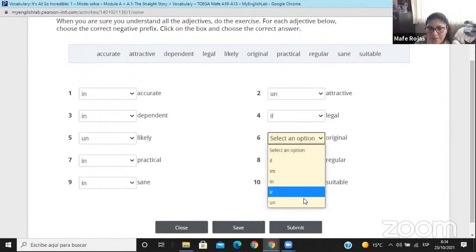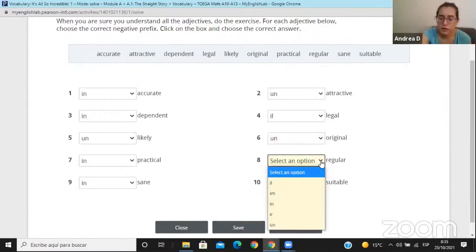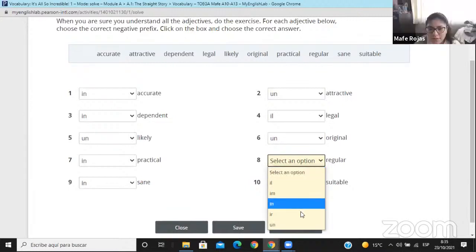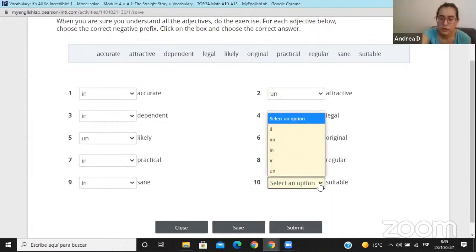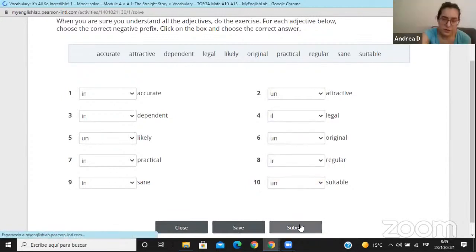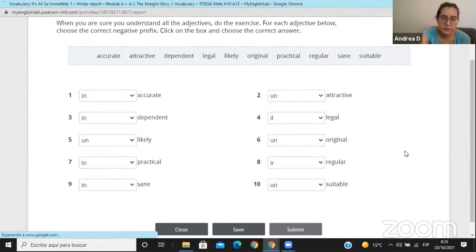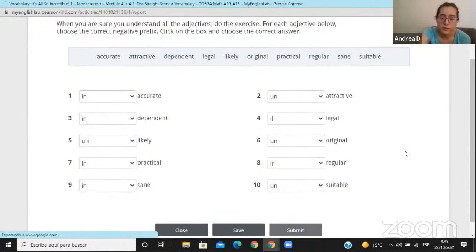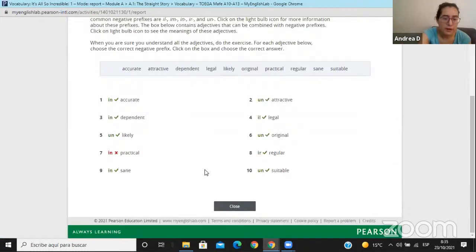Unoriginal. Regular? Irregular. Suitable? Unsuitable. Okay, 9 out of 10. Which one is wrong? Impractical?